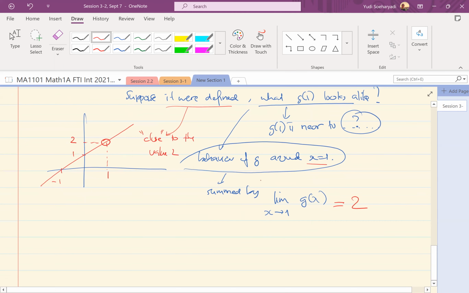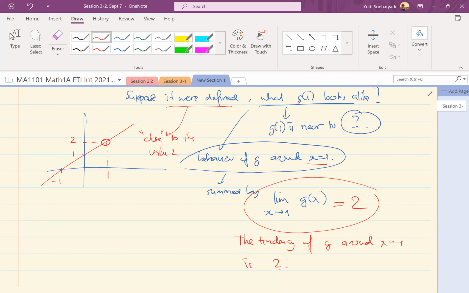So this tendency of g around x equals 1 is 2. It's close. Okay, so that's the idea. Let's do some computations.